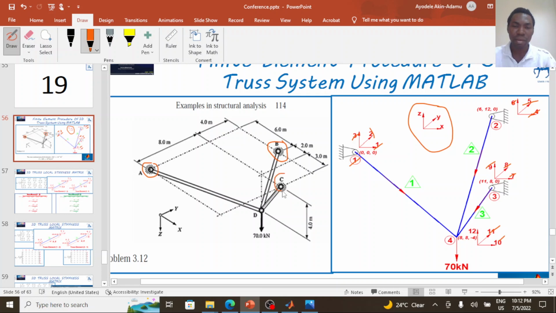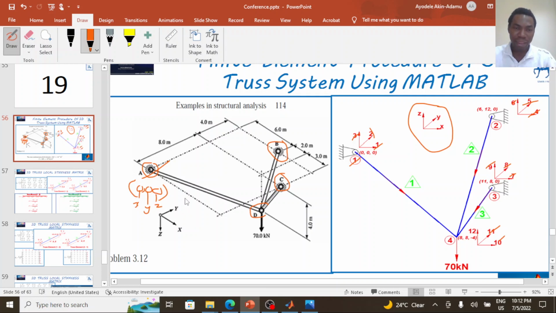That is node points B, C, and D. So if node A is my 0, 0 coordinate, the first value is my x coordinate, the second value is my y coordinate, and the third value is my z coordinate.